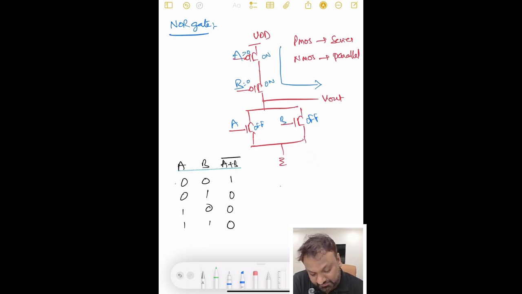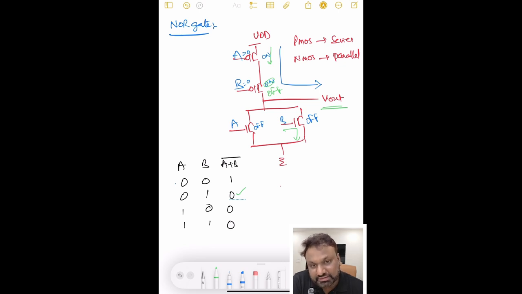Let us take A equal to 0, that means this is on, and B equal to 1, for which this is off, that means this is open circuit. So whatever I have applied here will be flowing to ground, hence my V out will be equal to 0. That means even if one of the inputs is 1, my output is equal to 0. Hence this is how we implement a NOR gate using CMOS logic family.